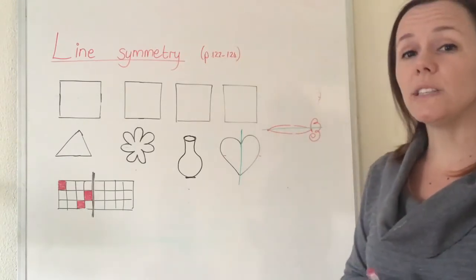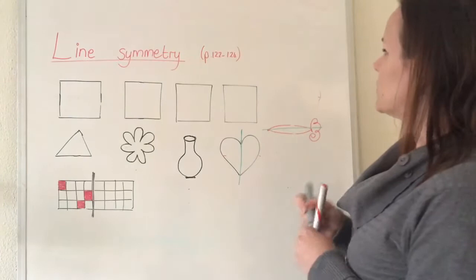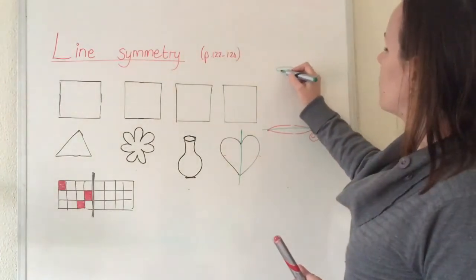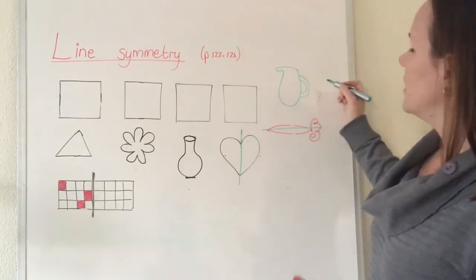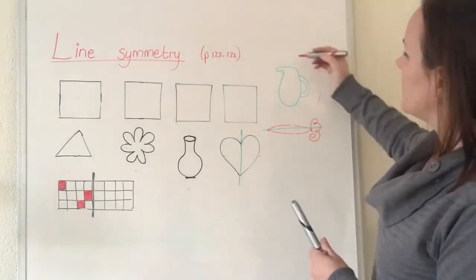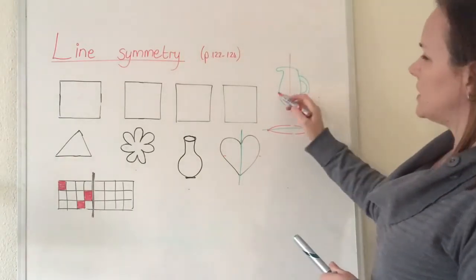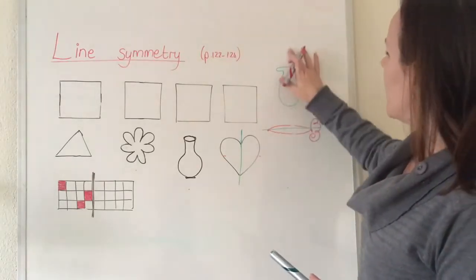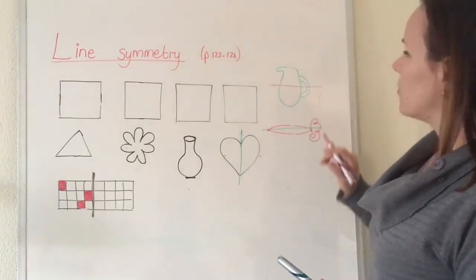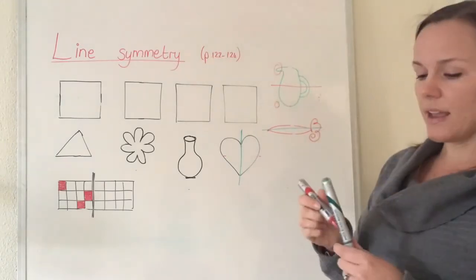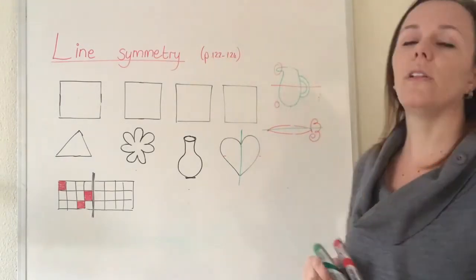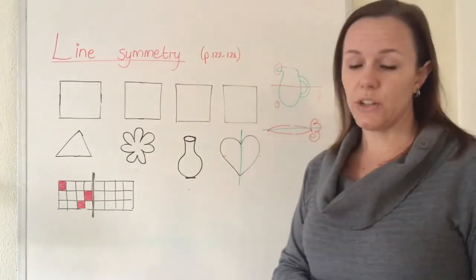But the point is, not all shapes are symmetrical. If I look at a jug, for example, with a handle, I cannot divide it in half like that because this side doesn't have a handle. I also can't divide it in half like that because this part is missing at the bottom there. So that is an example of an object that is not symmetrical.